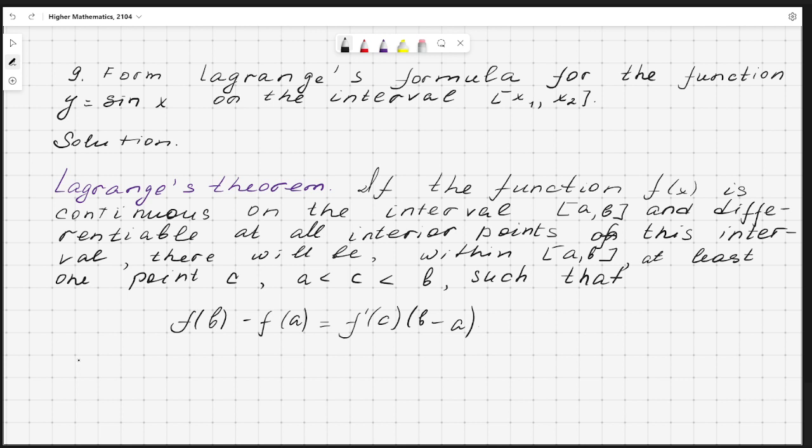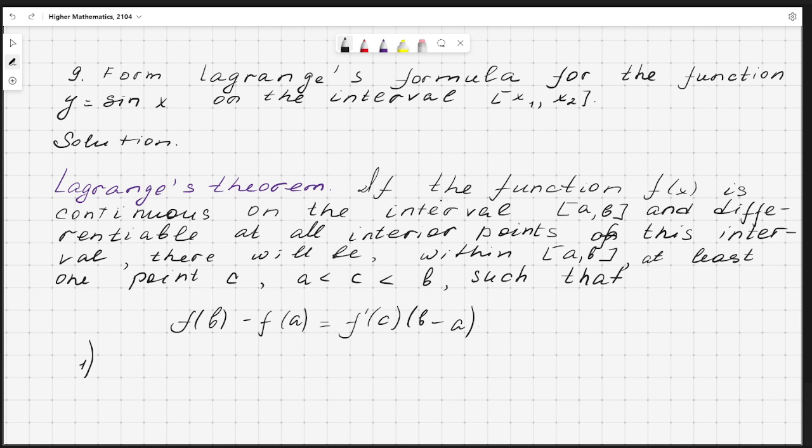Consider the property of this function that verifies the condition of our theorem. The first, the function must be continuous on the interval from x first to x2.